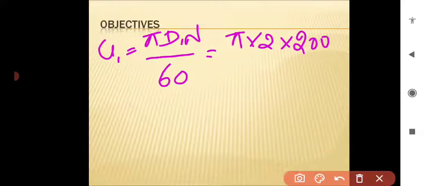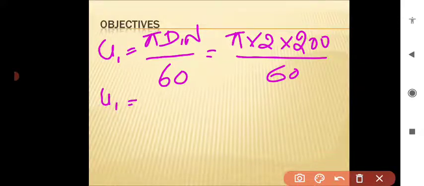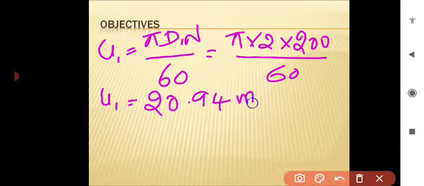Substitute all the values in this equation: pi into 2 into 200 by 60. If you calculate it, you will get the answer of u1. So u1 is equal to 20.94 meter per second. This is the blade velocity, right?